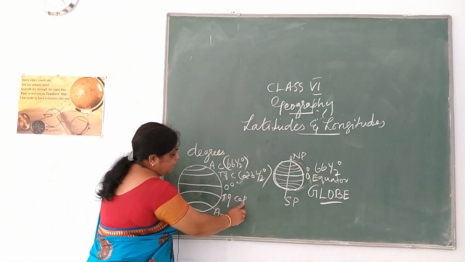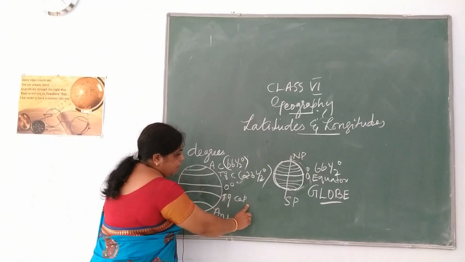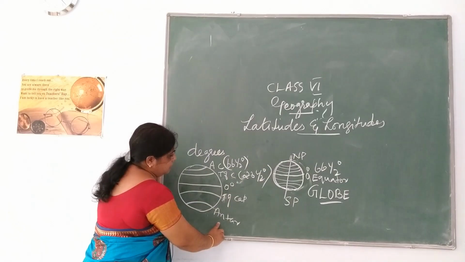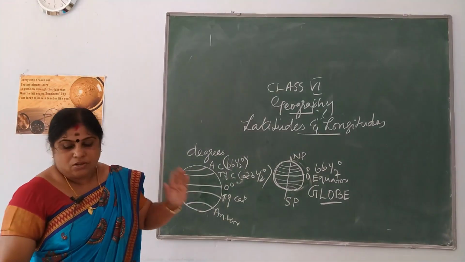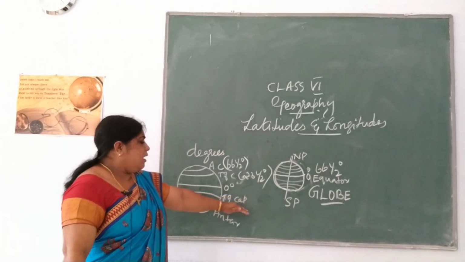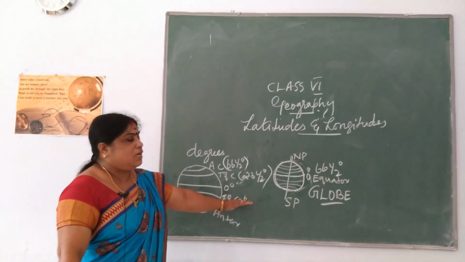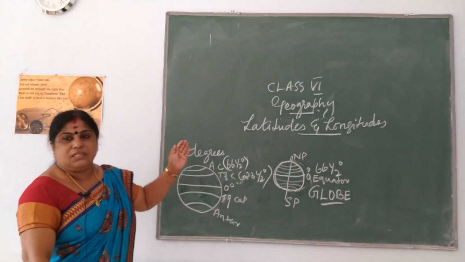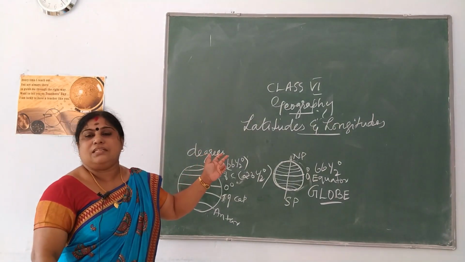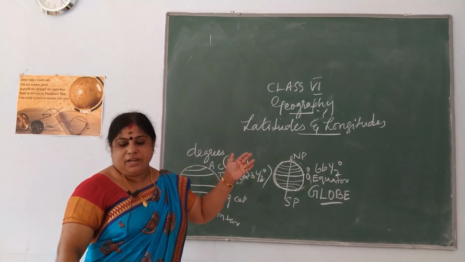Then the Tropic of Capricorn is 23.5 degrees south, and the Antarctic Circle is 66.5 degrees south. So these are the four important parallels of latitude, and they have resulted in the formation of different heat zones which give you different seasons.